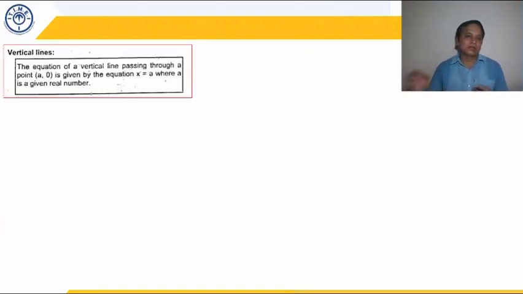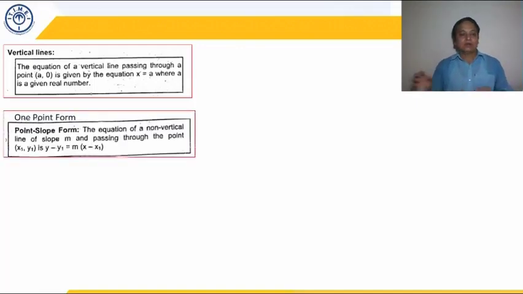Now the vertical line. The equation of a vertical line passing through (a, 0) is given by x = a. Any line parallel to the y-axis is of the form x = k, passing through (k, 0). Now the one point form.